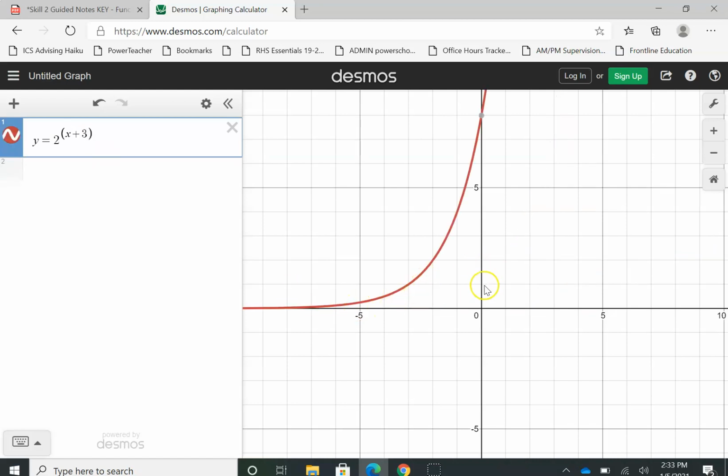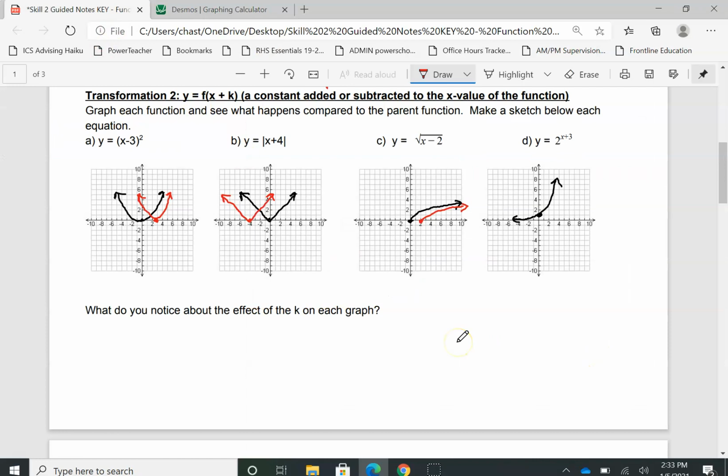And notice that our y-intercept, which normally would have been at 1, shifted to the left 3 spots. Okay? So looking at our graph, that point now goes to the left 3 spots and graphs as such.